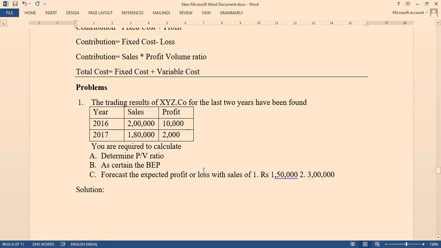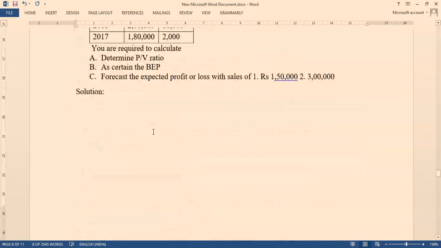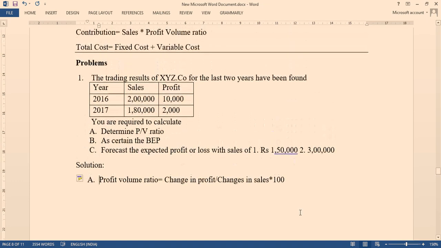With the help of the given question, we have to identify which formula is more suitable for us. You can just mention as A: the profit volume ratio equals change in profit divided by change in sales into 100.